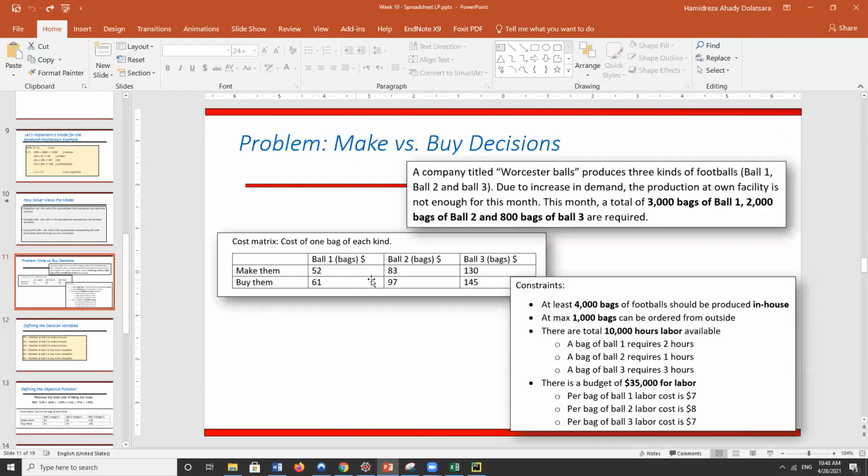For each decision variable, we also have a coefficient here. Let's say for ball 1 you make 3 and buy 2: if you make 3 of ball 1, you pay 52 times 3, and if you buy 2 of them, you pay 61 times 2. And the same for the other types of balls.